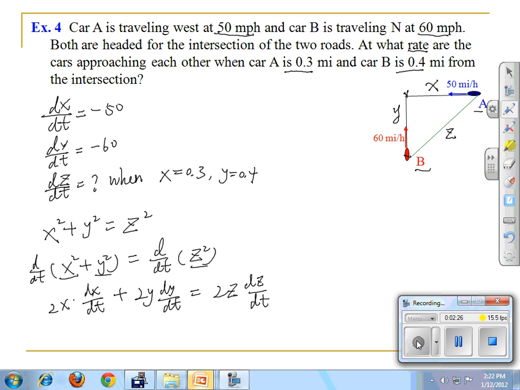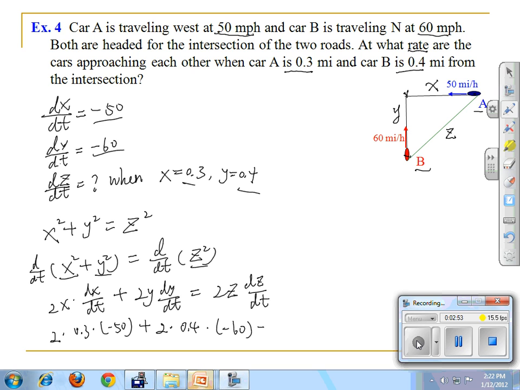So now let's try to plug in everything to see if we're ready. We know x is 0.3 and dx over dt is negative 50. Then 2 times y, which is 0.4, and dy over dt is negative 60.